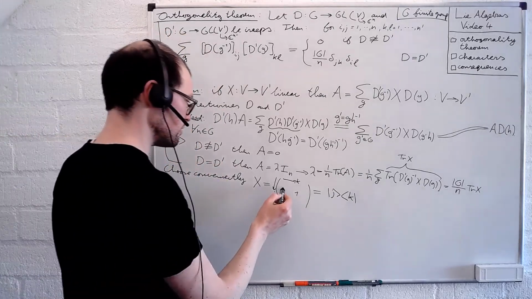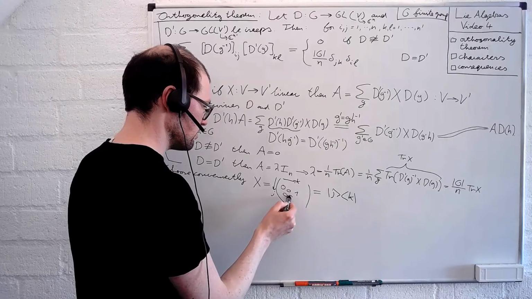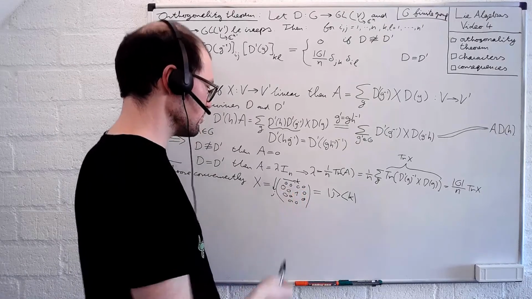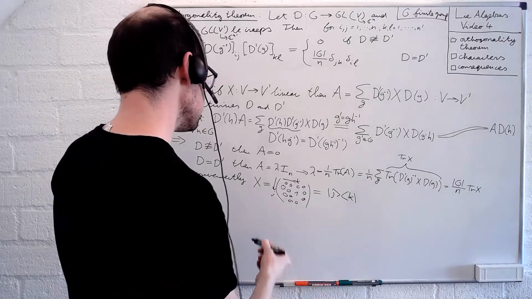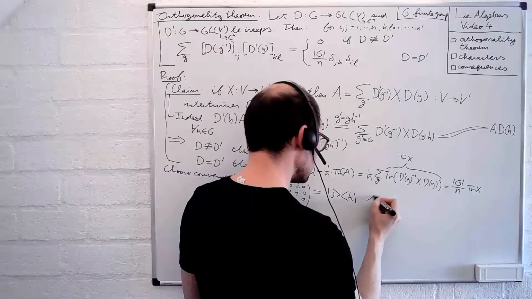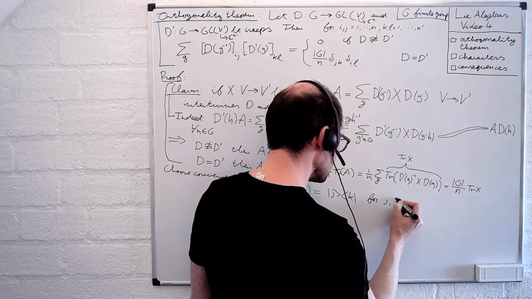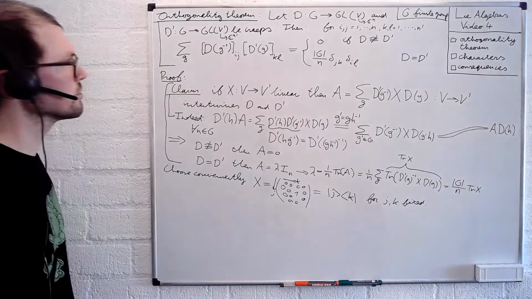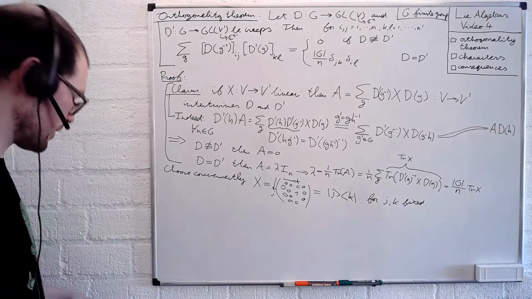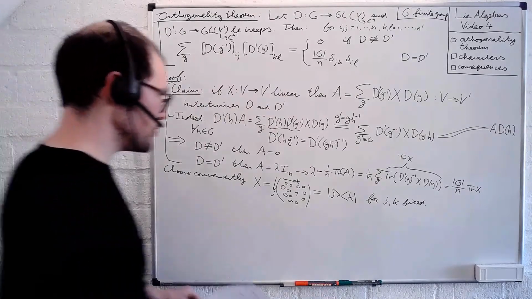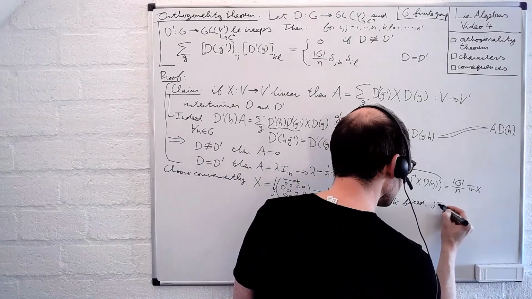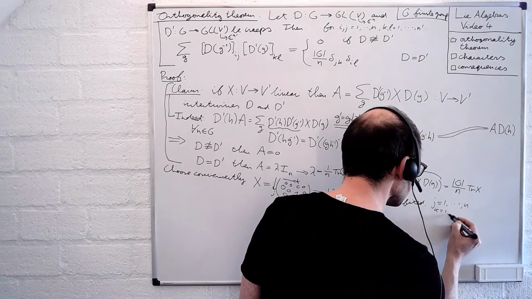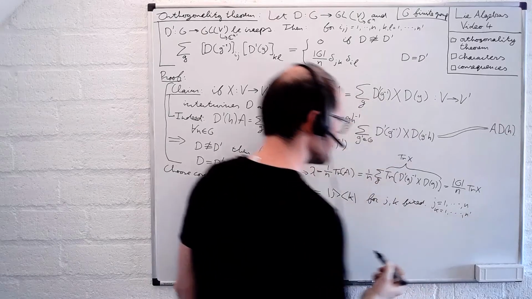Okay, but this is just a particular matrix with all zeros but 1, where I take j and k for j and k fixed. And in particular j has to run from 1 to n, and k has to run between 1 and n prime.